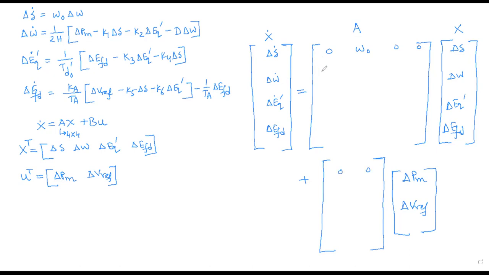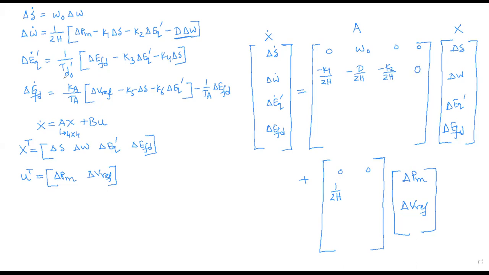Del omega dot: first it is del PM, so 1 upon twice H is there, then minus K1 by twice H, then minus K2 by twice H, oh sorry, minus D by twice H, sorry, it's a mistake, so minus D by twice H because of this, then minus K2 by twice H, and it doesn't have any delta EFD entry, so it should be 0.